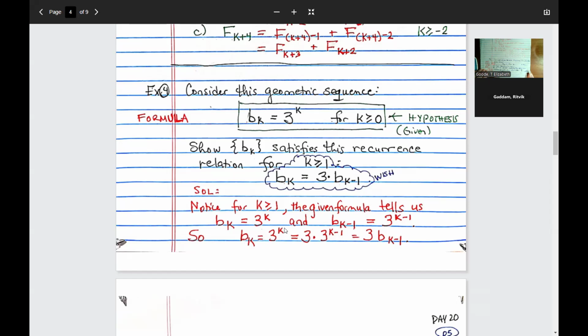Now, does this formula, the recurrence relation, apply for arithmetic sequences as well? Not exactly this formula, but a formula.